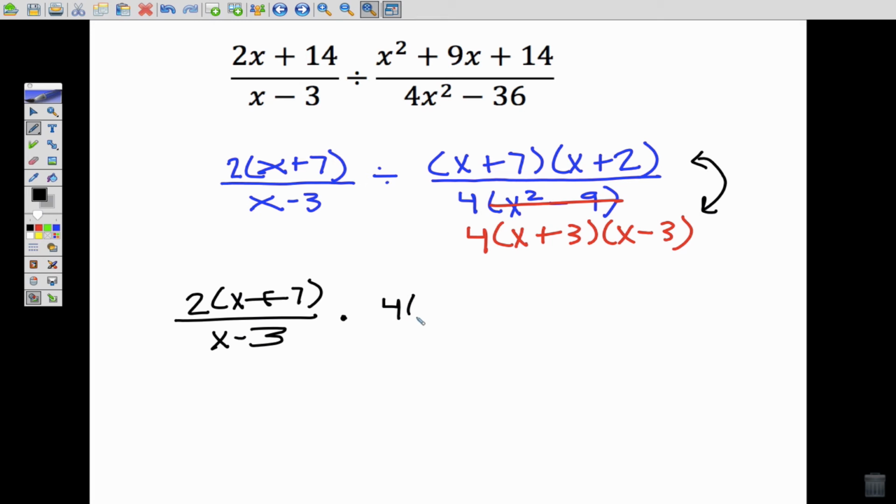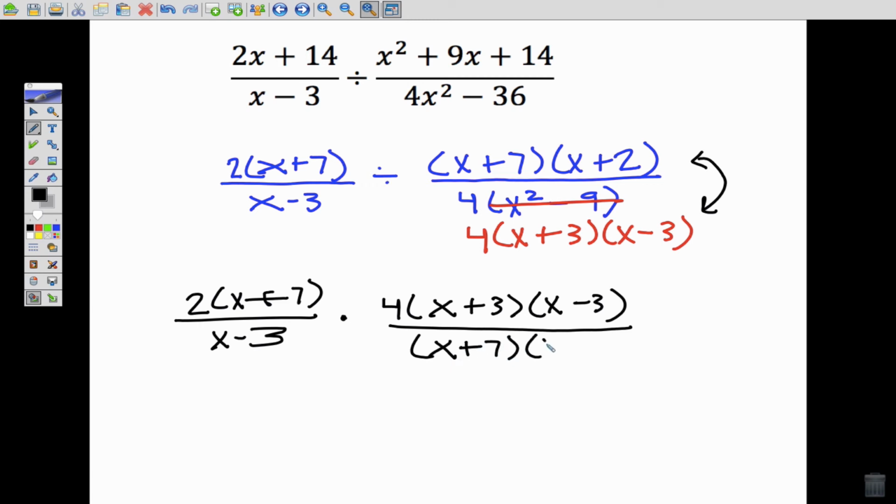So we have 4 and then x plus 3 times the quantity x minus 3 over, what do we have up there? X plus 7 times the quantity x plus 2. Okay? And then you're going to multiply across the top and multiply across the bottom to get your final answer.